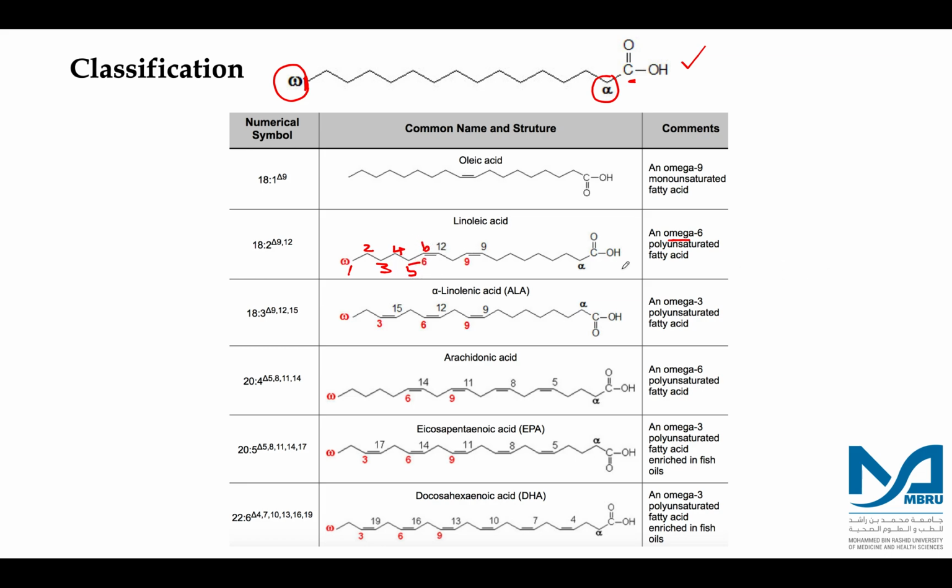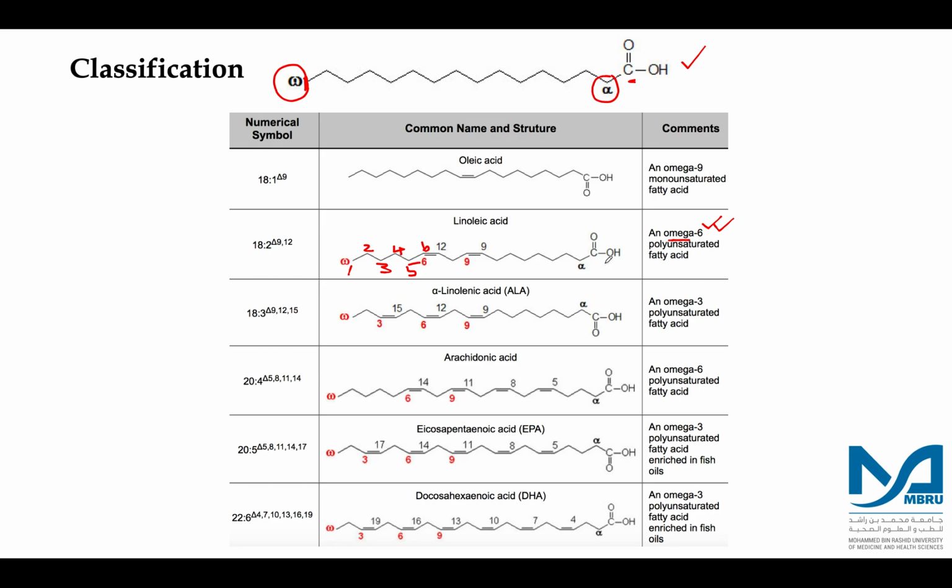So I have encountered the first unsaturation from the omega end at the 6th carbon position. So that's why I call it an omega-6 polyunsaturated fatty acid, because I have two carbon-carbon double bonds present in linoleic acid.